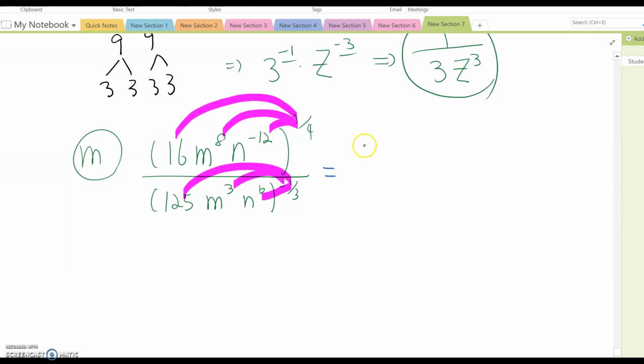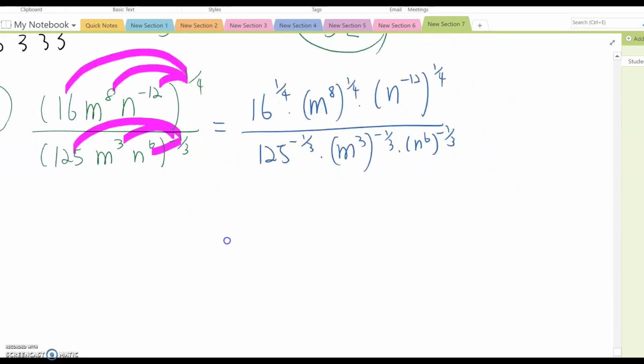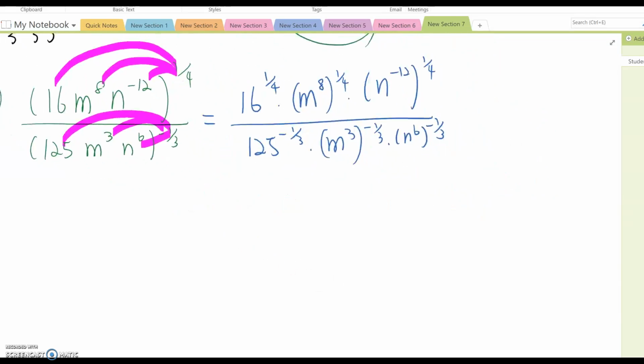Then it's going to be 16 to the 1/4 power, m^8 to the 1/4 power, and negative 12 to the 1/4 power, 125 to the negative 1 over third power, m cubed to the negative 1 over third power, and 6 to the negative 1 over third power. Okay, so these two numbers, you must find out their prime factorization.